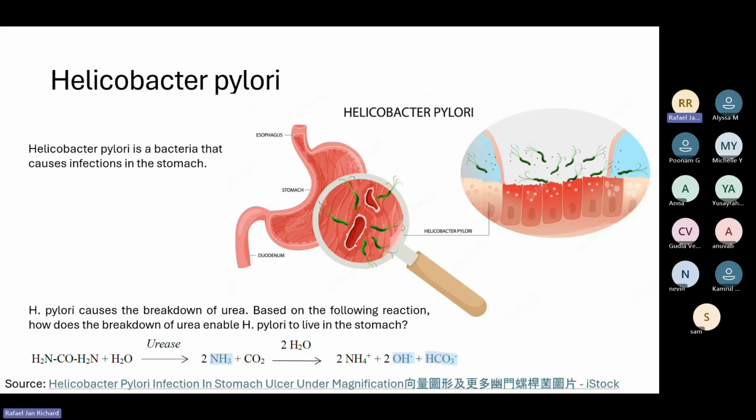So around the bacteria, when it breaks down urea to these product molecules, it has sort of a shield that protects it from the acidic environment it is in, and therefore it can cause these infections inside the stomach, even though the pH is very low there normally. But as it can change the pH with this enzyme, the infection is possible.